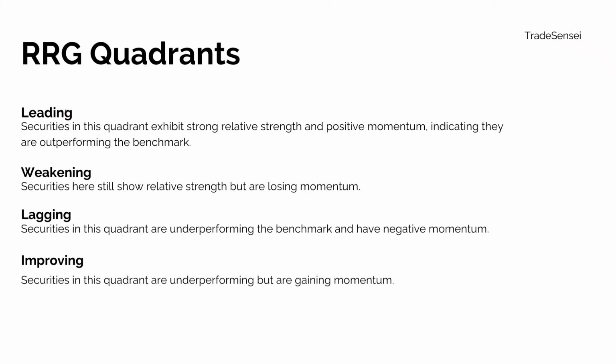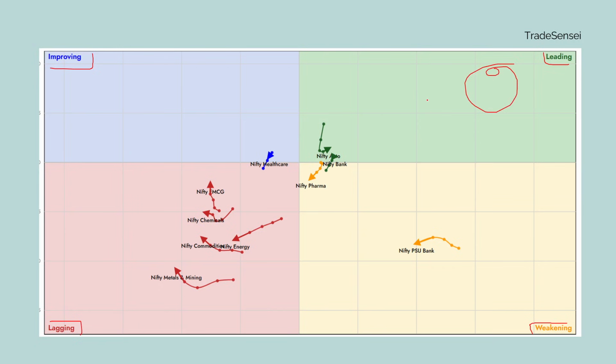So RRG quadrants. Leading. The securities in this quadrant exhibit strong relative strength and positive momentum. That basically means the stocks that are in this particular quadrant of the top right corner, these stocks or these sectors are performing relatively better as compared to the others, or as compared to a specific benchmark. You can take the benchmark as any index like a Nifty 500 or Nifty small cap, Nifty mid cap, or maybe Nifty 50, right?